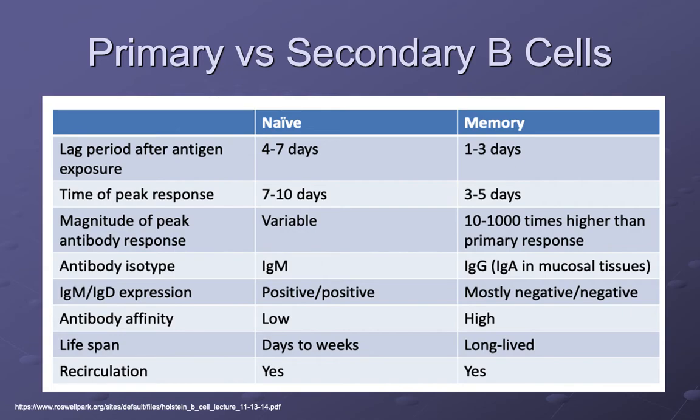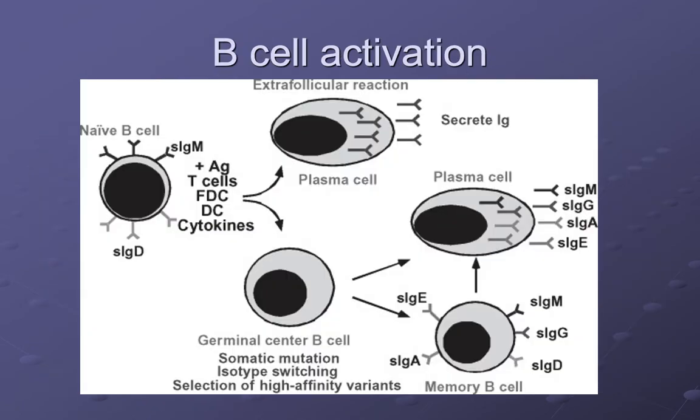In terms of lifespan, memory B cells live longer compared to naive B cells, and both recirculate. Antibody affinity: memory B cells interact very dynamically with antibodies.